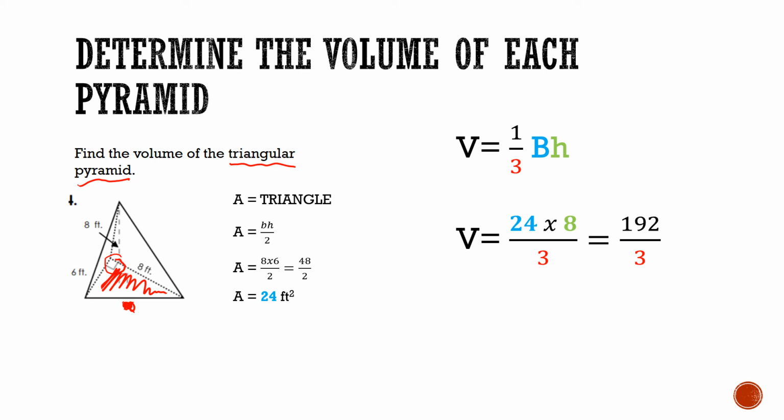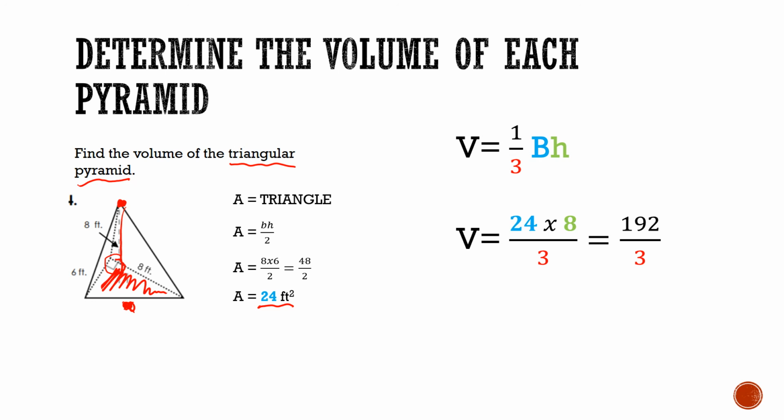So we now are going to substitute in our values. Remember, a third means we're dividing by 3. So our area of the base we just calculated is 24. 24 times 8, which is the height. Remember, the height is from the very top all the way to the bottom of the base. So 24 times 8 is 192 divided by 3.